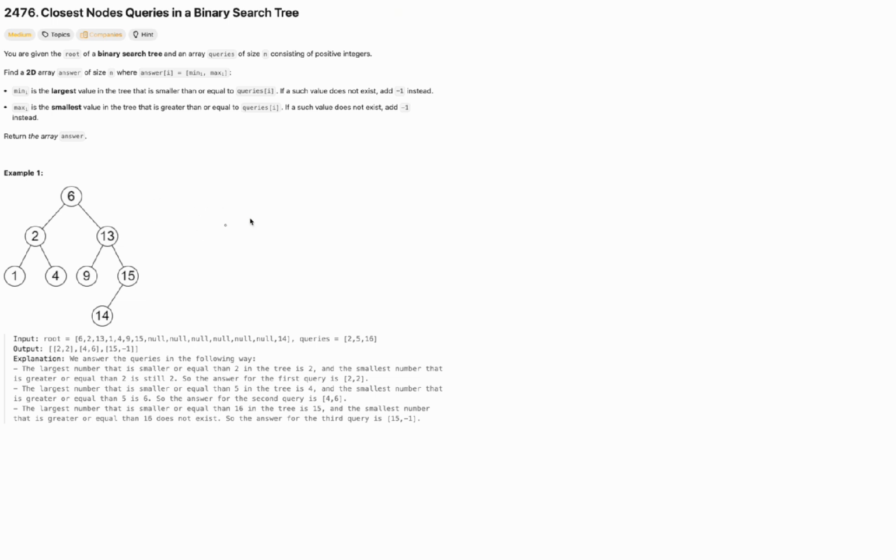But we can simplify the problem because this is a binary search tree. If we perform the in-order traversal, we can get the sorted array. For example, for the first example, we have 1 2 4 6 9 13 14 and 15, right?